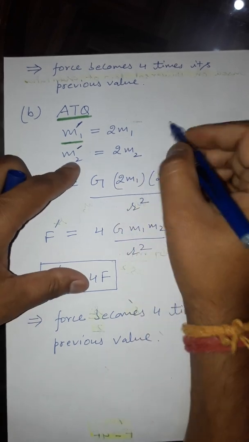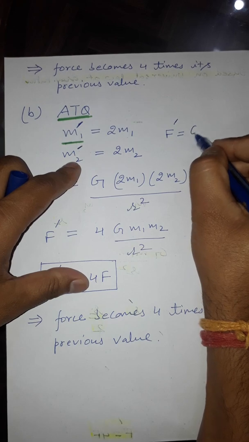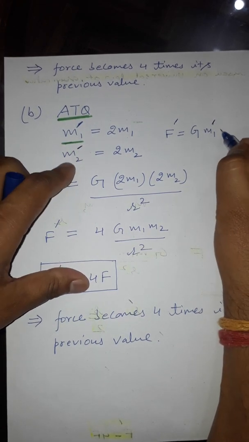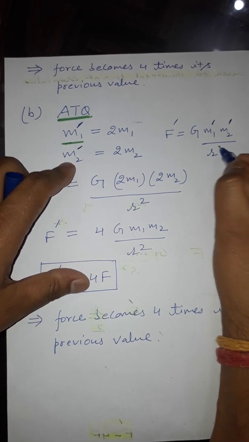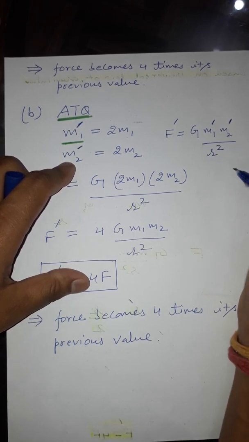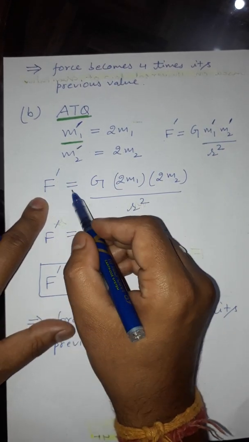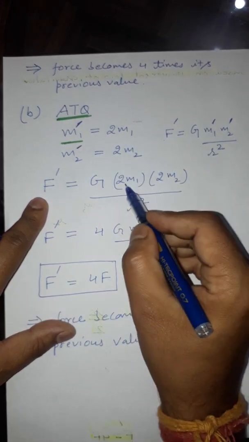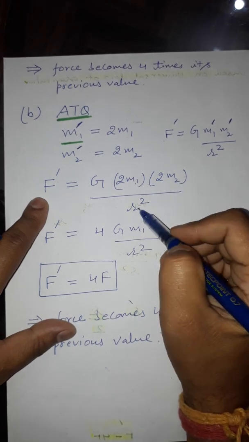Therefore the new force F dash is equal to G m1 dash m2 dash over r square, as there is no change in distance. Using the values, F dash equals G times 2m1 times 2m2 over r square.